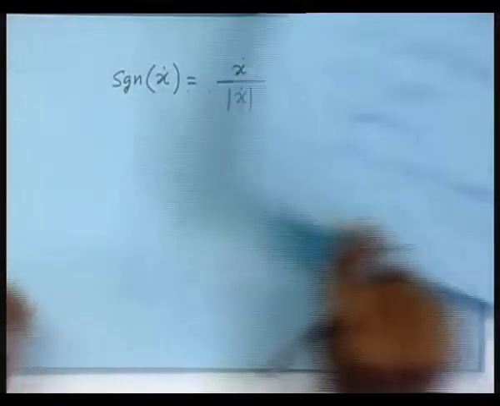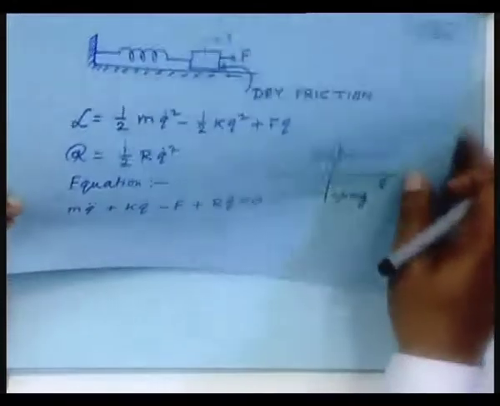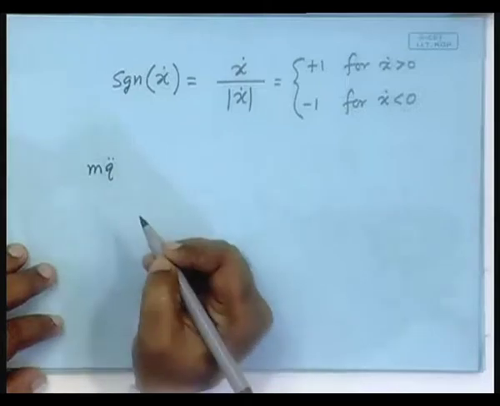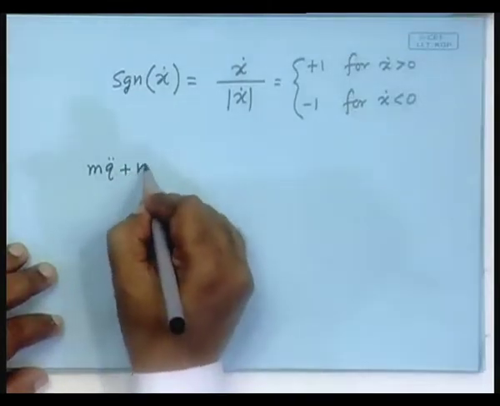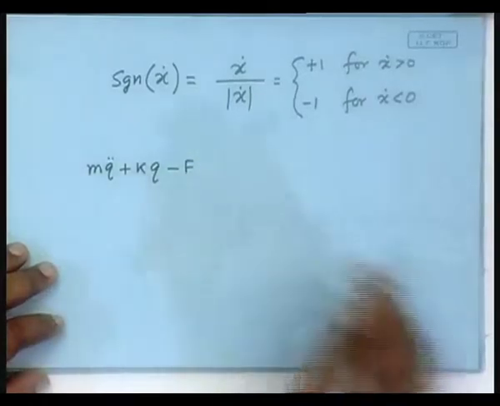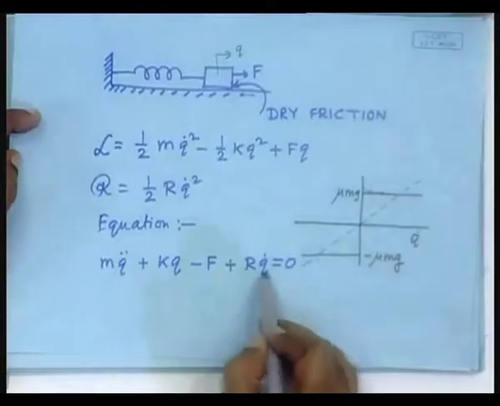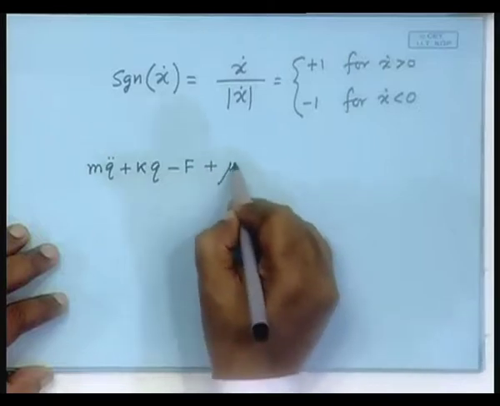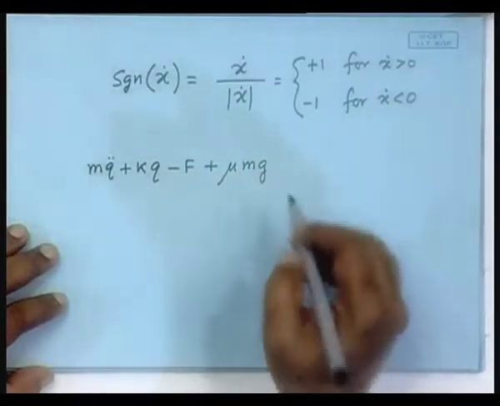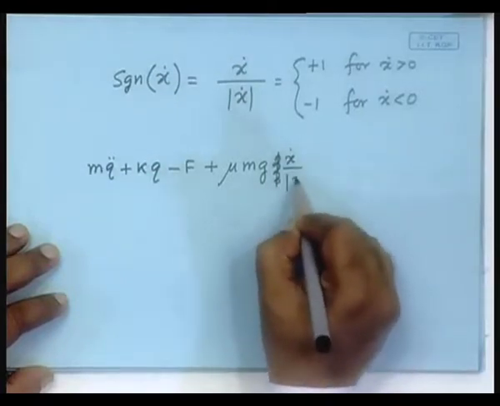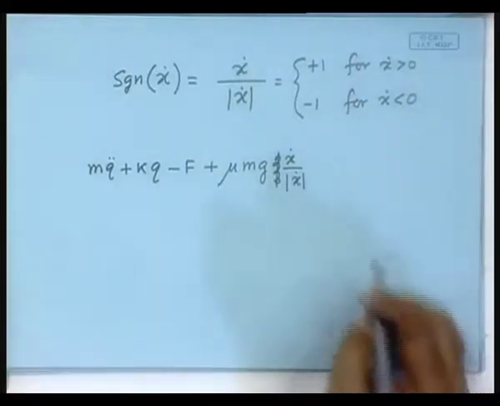Right. So, in terms of that, we can write the equation that we have derived as m q double dot plus k q minus f, all that remains the same, but now here r times q dot has to be substituted by plus mu m g, the magnitude, times q dot by q dot magnitude, that is it.